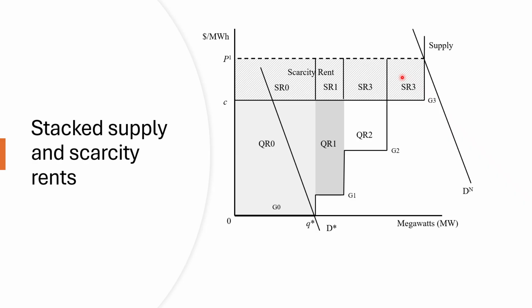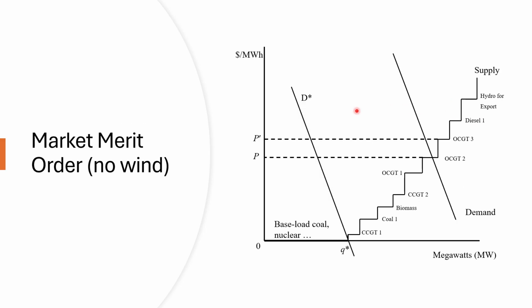In Texas, it used to be about the same, but then with problems, they upped it to $5,000 per megawatt hour. But even at that, sometimes you end up with blackouts because the price is simply too low and the market does not clear. So one has to be very careful.